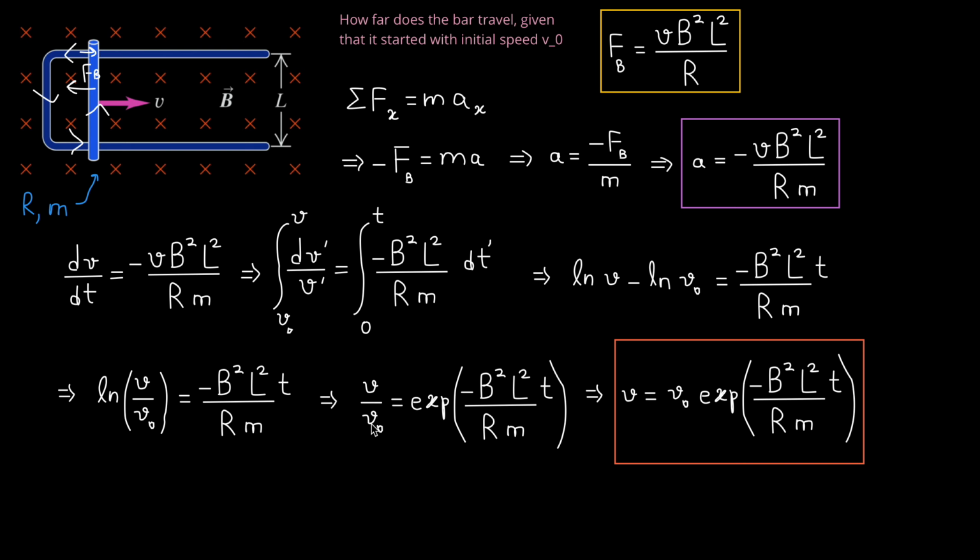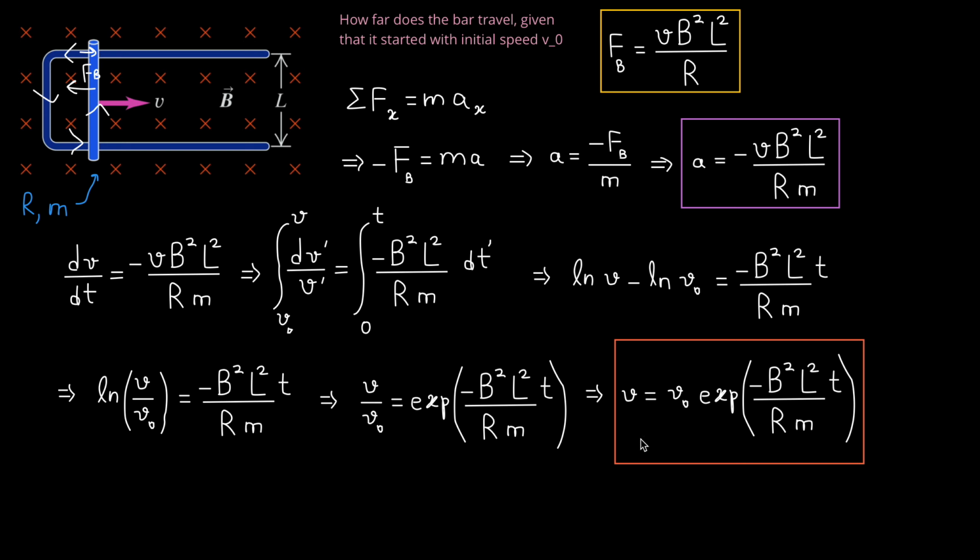So then I get v divided by v0 equal to exponential of this term in parentheses that depends on time. And note that this is a negative exponential. And then finally I multiply both sides by v0 to isolate v. Now I have an expression for v, the velocity, in terms of time.